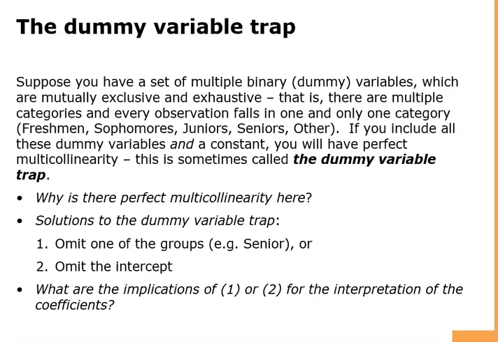The first solution is that you can omit one of the groups from the analysis, meaning for example, if you omit the seniors from the analysis, it would mean that freshmen plus sophomores plus juniors will not actually be equal to 1 anymore, because you have taken out one of the dummy variables which was previously included. Or you can simply omit the intercept, which can be considered a variable which always takes the value of 1. So doing one of the two things will actually resolve the dummy variable trap and the issue of perfect multicollinearity.